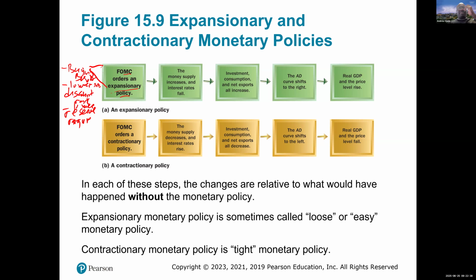Any of these 3 tools is part of expansionary policy, because they all lead to an increase in money supply and a decrease in interest rates.